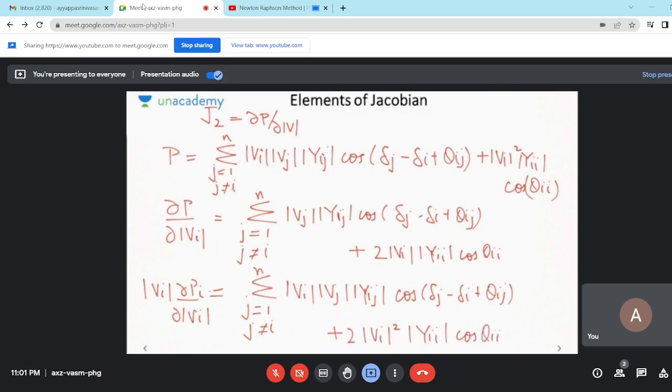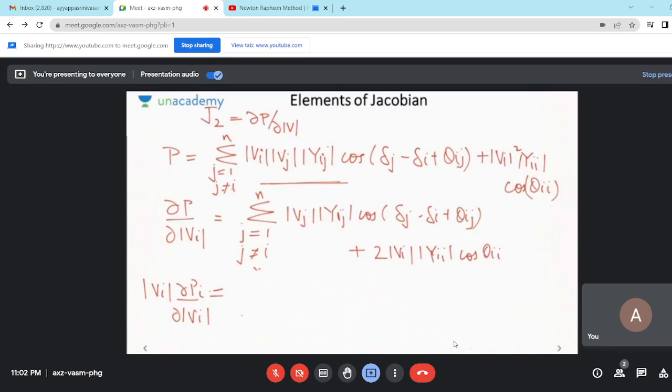Now this expression is the same as P, just with an additional term. So this can be written as Pi plus mod Vi square mod Yii cos theta ii. That is how this can be written in a more compact form.